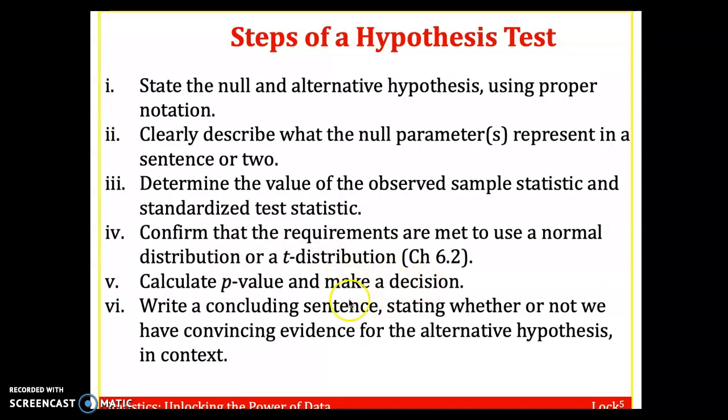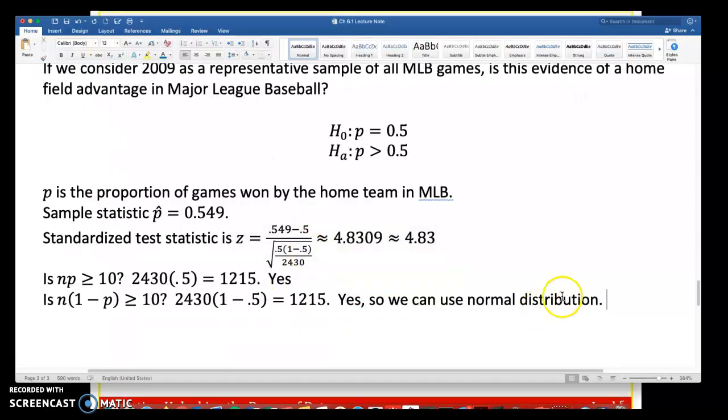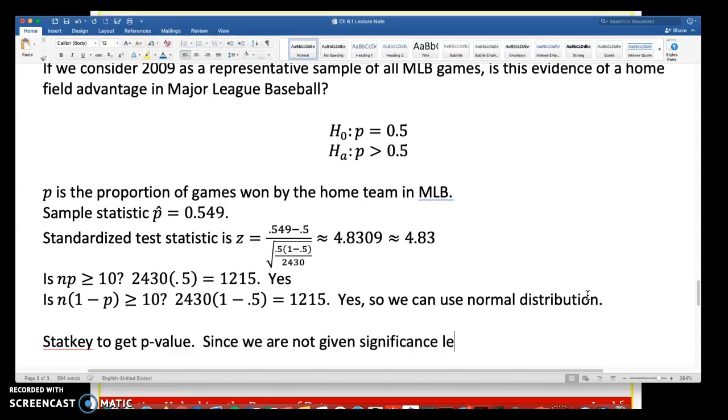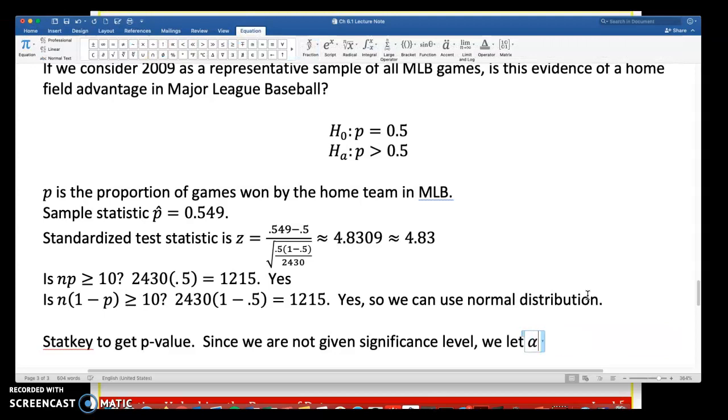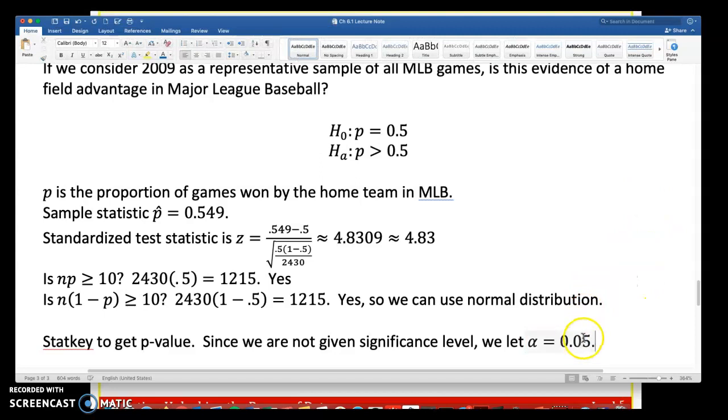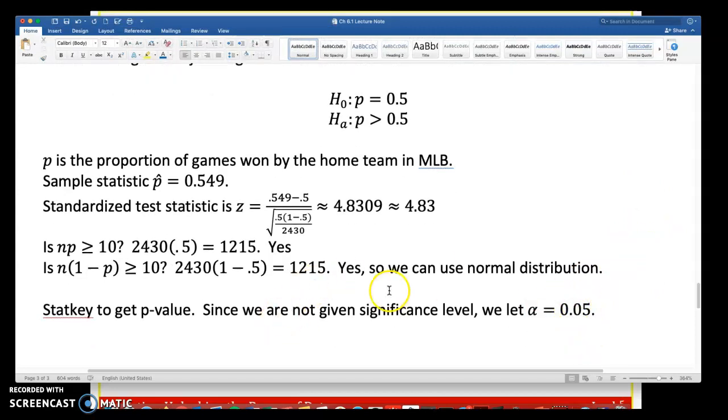Calculate p-value and make a decision. Okay, I'm going to go to StatKey to get the p-value. And since we are not given a significance level, we are going to automatically let the significance level equal 5%. So that'll be our go-to 5% significance level unless it's given.